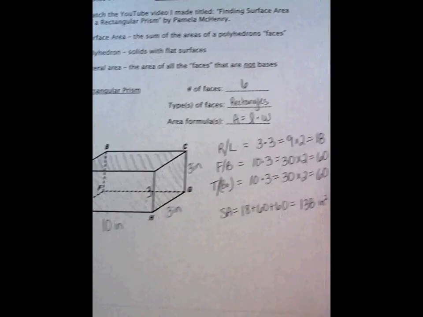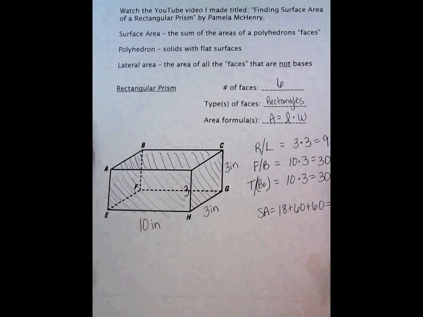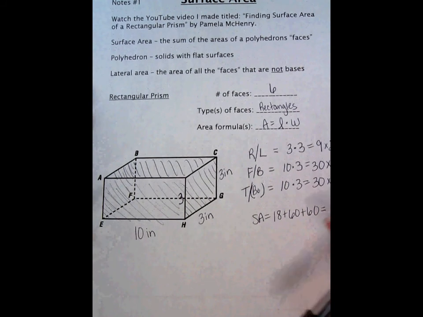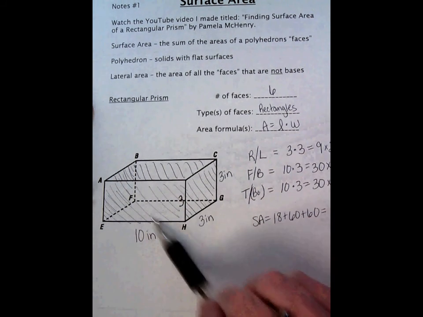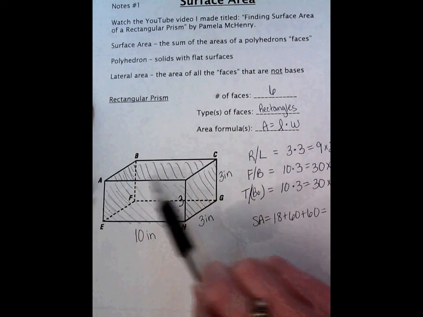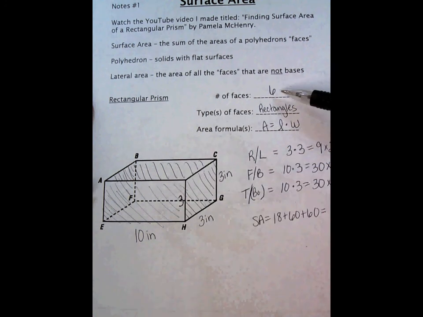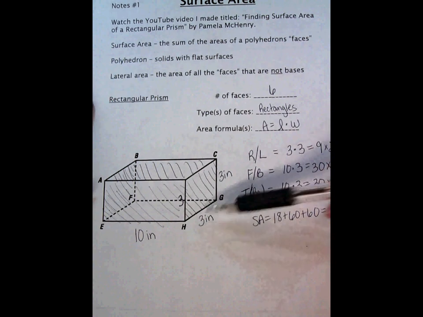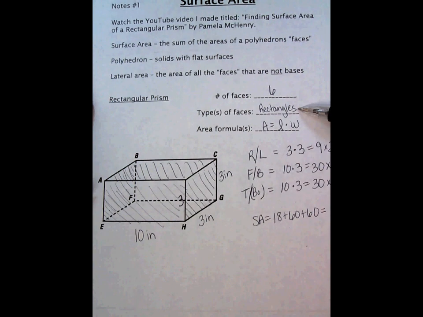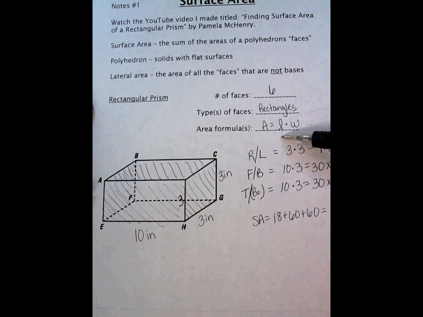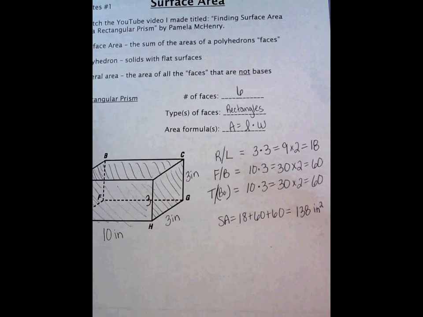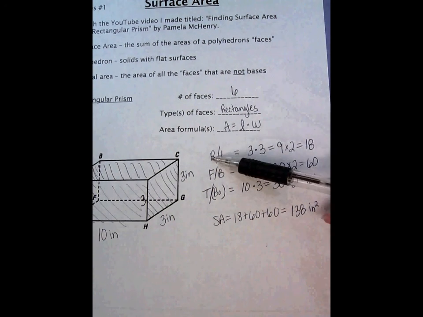So just to recap, when you're doing surface area, you need to first of all figure out how many faces you have. This had a left, a right, a front, a back, a top, and a bottom, so it had 6 faces. In this case, because it's a rectangular prism, they were all rectangles, and so therefore the only area formula we needed was length times width. We were in luck because each one of our faces had a counterpart.